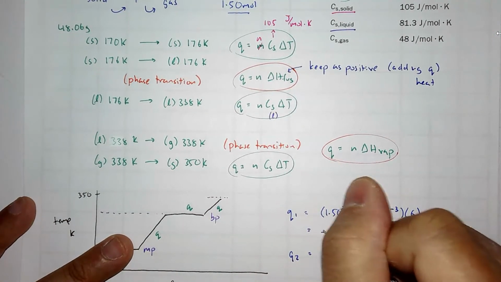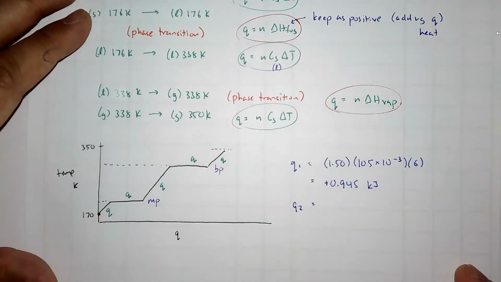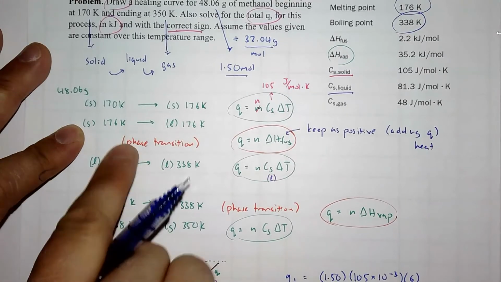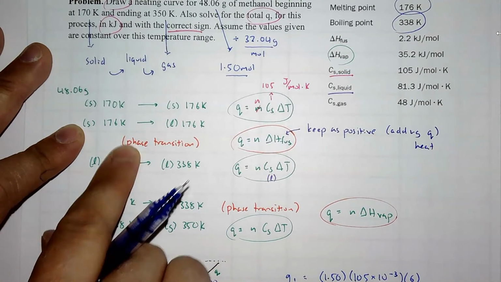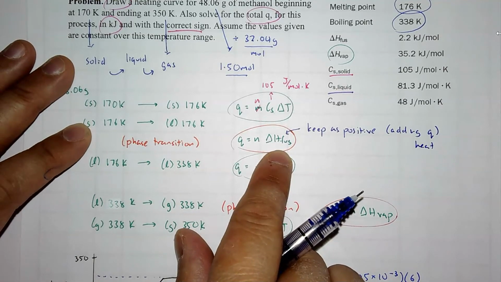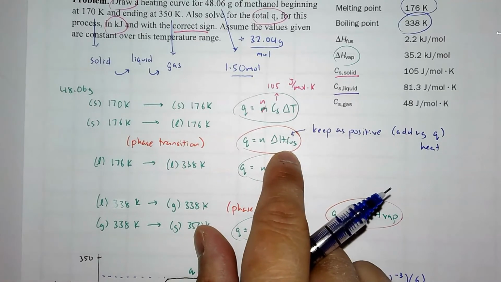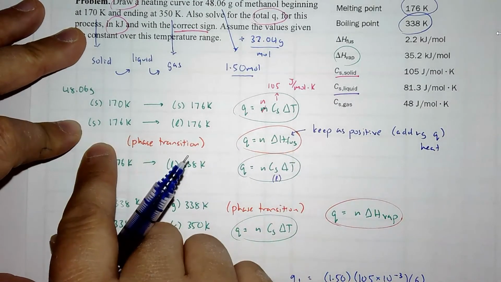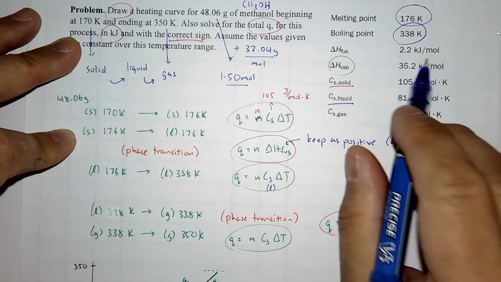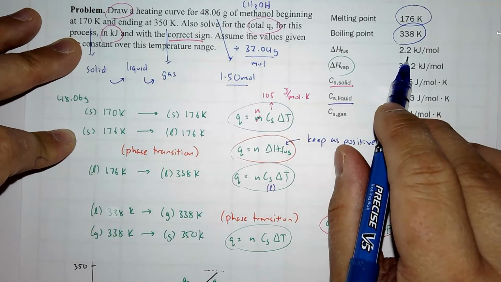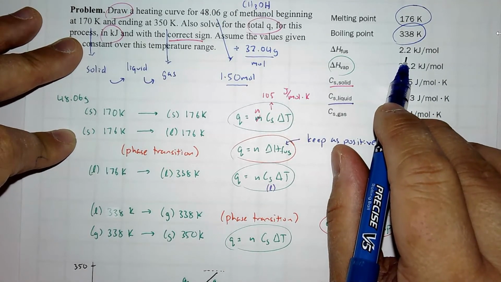Q2, and it is positive because you are adding heat. Q2 is the phase transition, and we're going to use the delta H of fusion. If we were going the opposite direction, from liquid to solid, we would still use this number, the delta H of fusion, but we would take the negative of it.